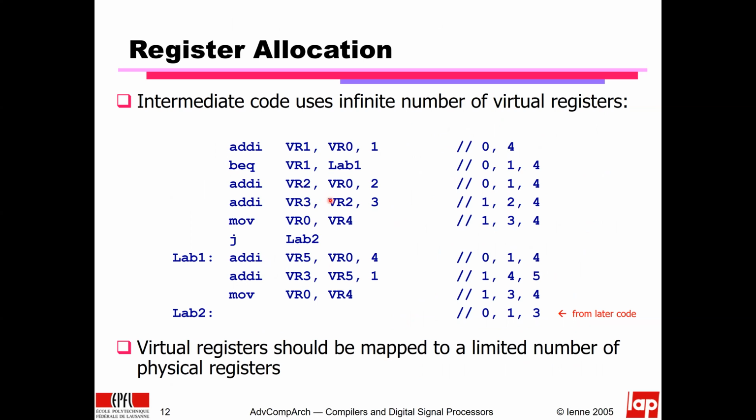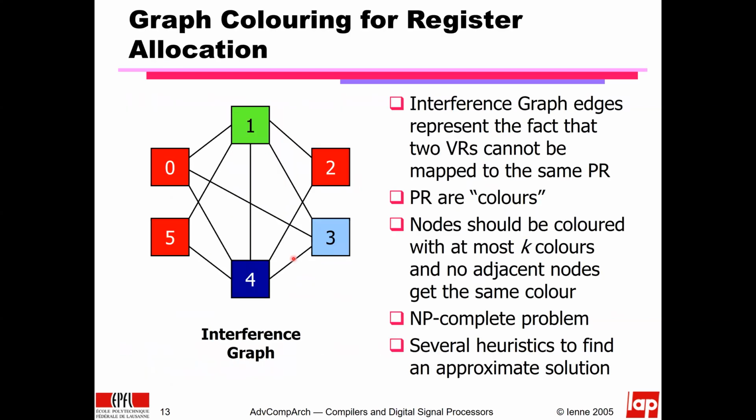And register 0 contains a lot of useful stuff most of the time, but never at the same time. 2 is here and there is no 0. 5 is here and there is no 0, nor 2. So I can take whatever is called VR0 here, VR2 here, and VR5 here, and put them all into a register, whichever, it doesn't matter which one, R3, physical register 3. Right. This is the idea.